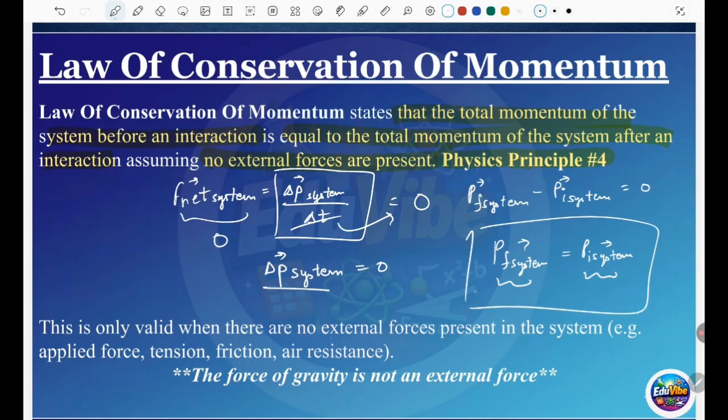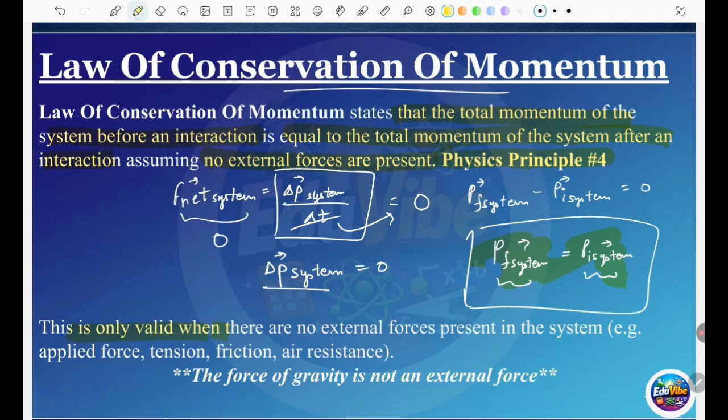From here, you get the law of conservation of momentum. You don't need to memorize this yet, we just have to understand how we can say that the momentum before and after is the same.